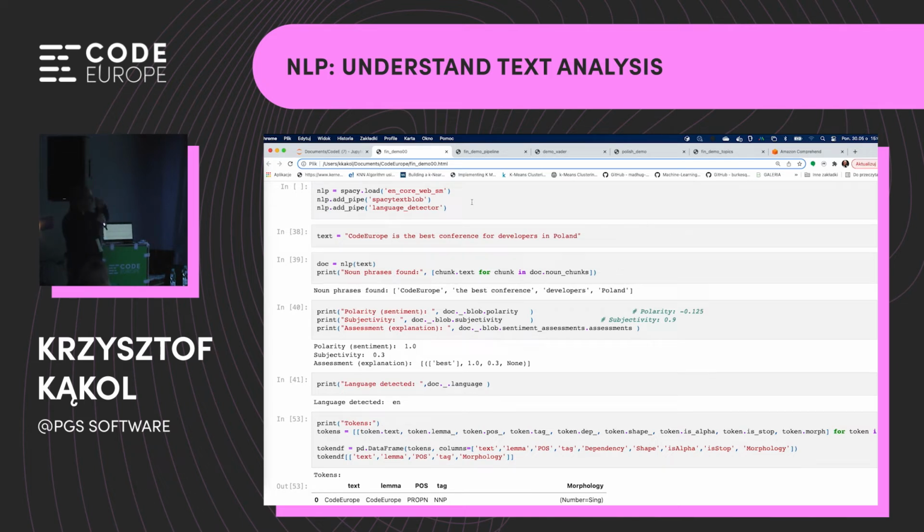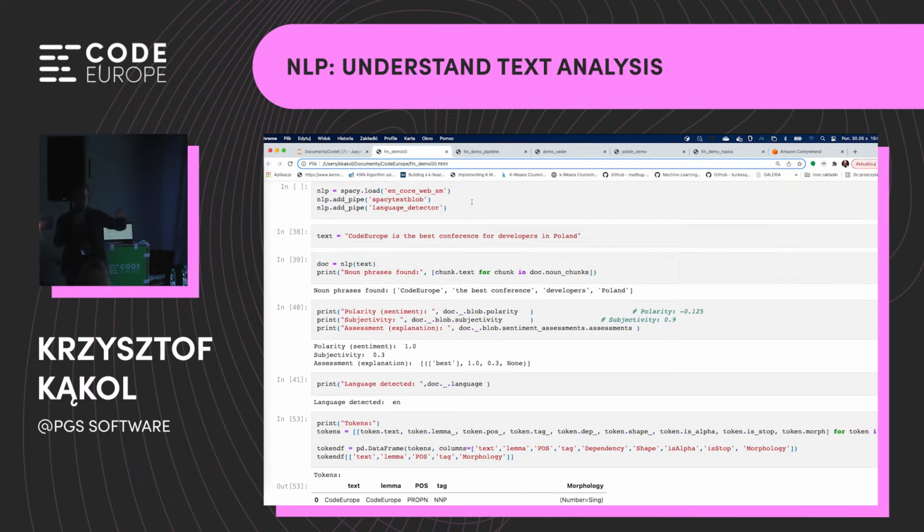Then, because the pipeline takes the text and does all the things in a pipe, it returns a so-called doc object. Every time I'm getting something out of the text, I'm using the doc object, as you might see. In line 39, you have nlp(text).